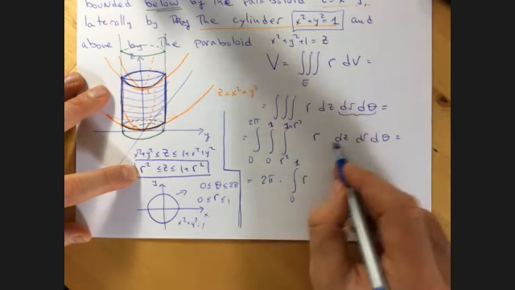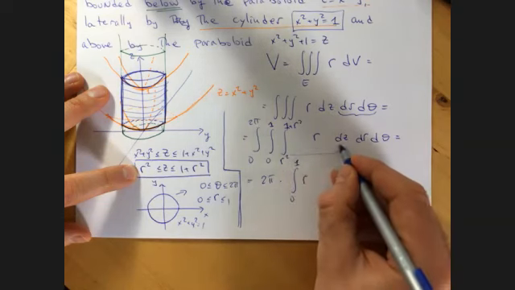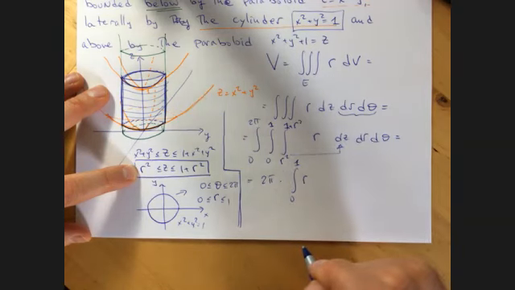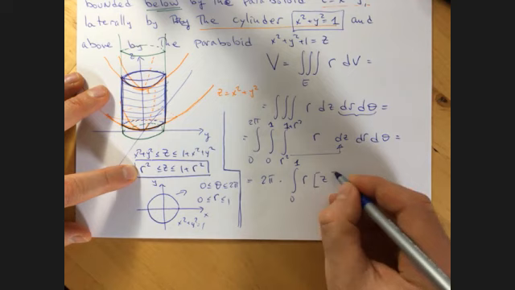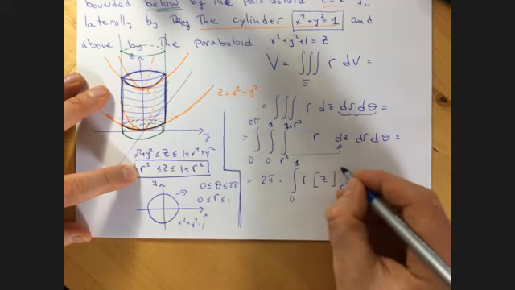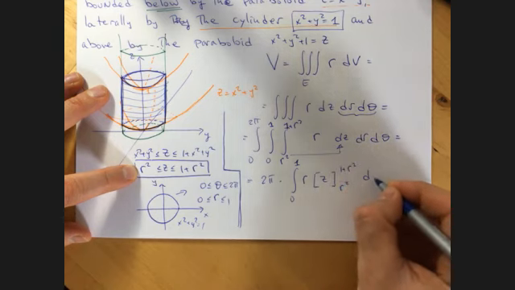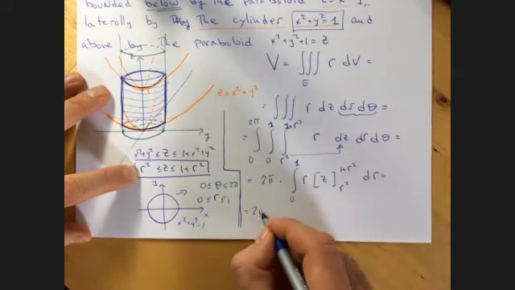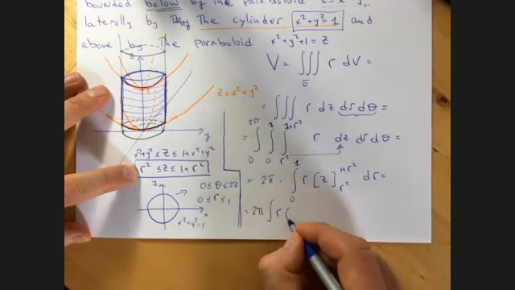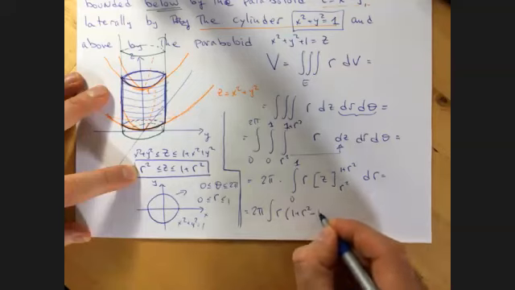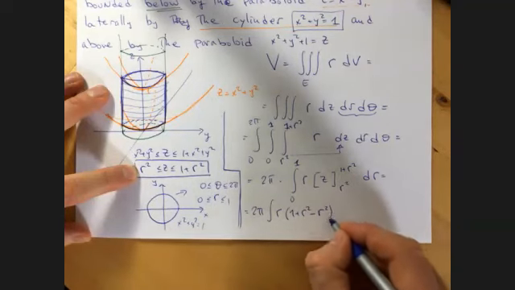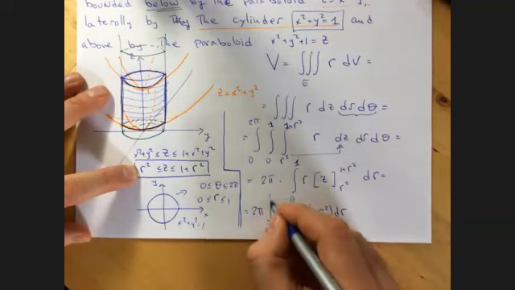And first I evaluate this integral, dz, but that's just z evaluated from r squared to 1 plus r squared dr, and this is 2 pi integral of r times 1 plus r squared minus r squared dr evaluated from 0 to 1.